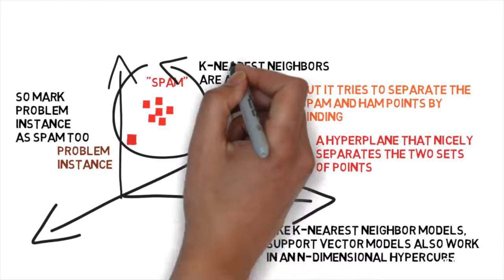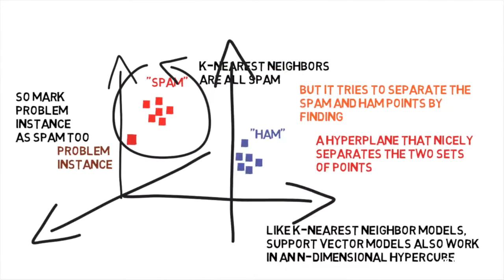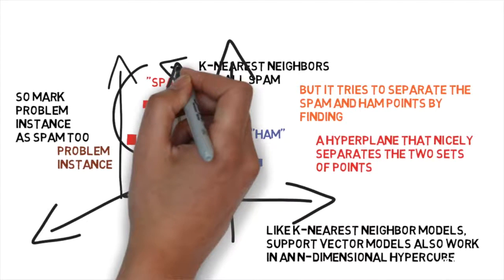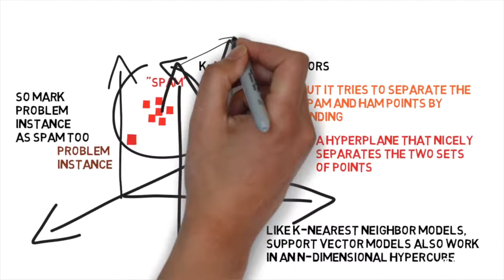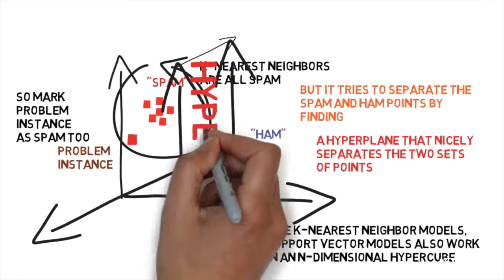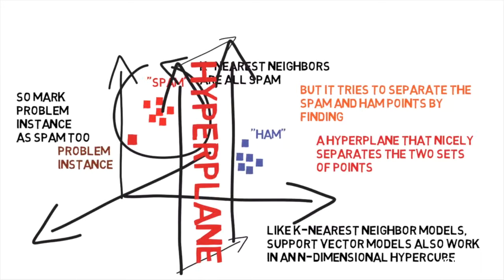Now, a hyperplane is nothing complex. In a two-dimensional space, a line is a hyperplane. In a three-dimensional space, a plane is a hyperplane. So, in an n-dimensional space, any n-1 dimensional shape is a hyperplane.